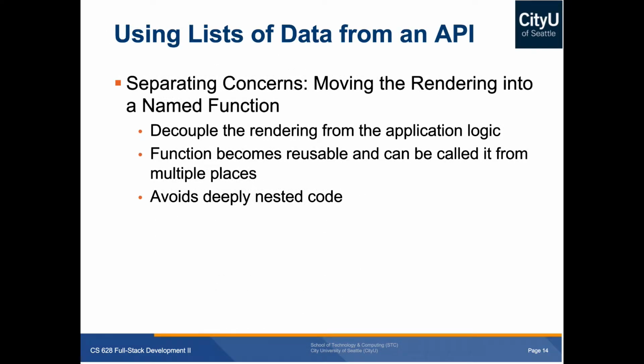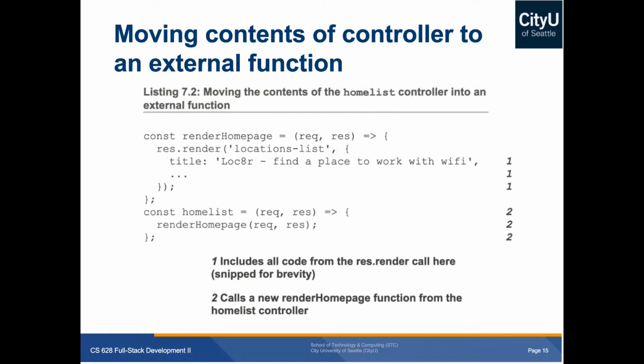We separate concerns, moving rendering into a named function. We decouple the rendering from the application logic. The function becomes reusable and can be called from multiple places, and avoids deeply nested code, which is harder to maintain. So we now move the contents of the controller to an external function.